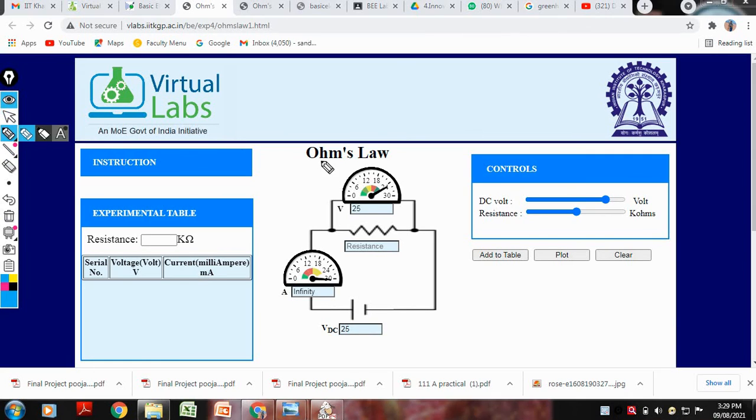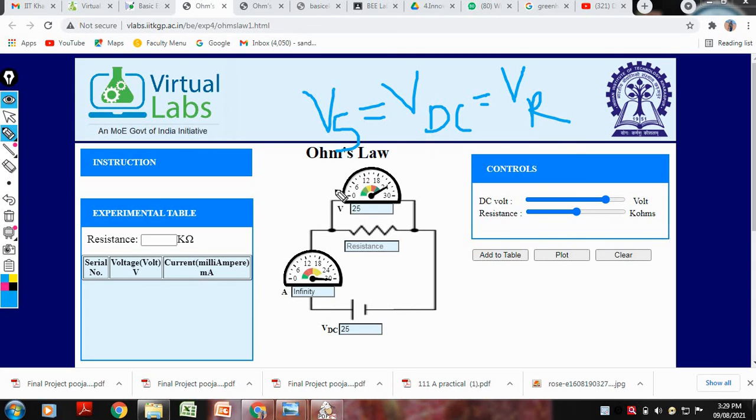That is, Vs equals VDC, the supply voltage, which equals the voltage across the resistor, VR. All the values are the same, that is 25.